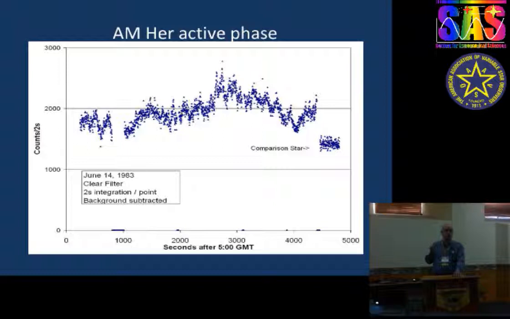It's not forming an accretion disk because it's a polar, meaning that it has an extremely intense magnetic field that funnels the material right onto the star, and so it generates not only optical flickering, but X-rays as well. So it's an interesting star to watch. It's flickering most of the time, and this is about an hour's worth of data, 2 seconds per sample, just an old photon counter that I had back in the 80s.